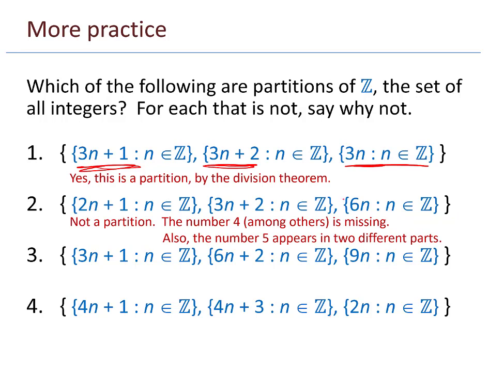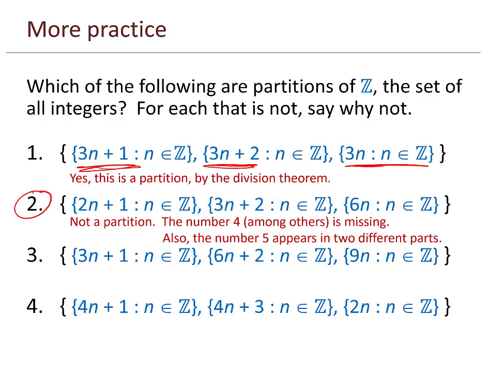You'll see that among these 3 sets, none of them has a form that would account for the number 4. Also, the number 5 appears in 2 different parts. So in this first subset, the number 5 is in there, but also this second subset, the number 5 is in there too. So this proposed partition, number 2, fails on a couple accounts.